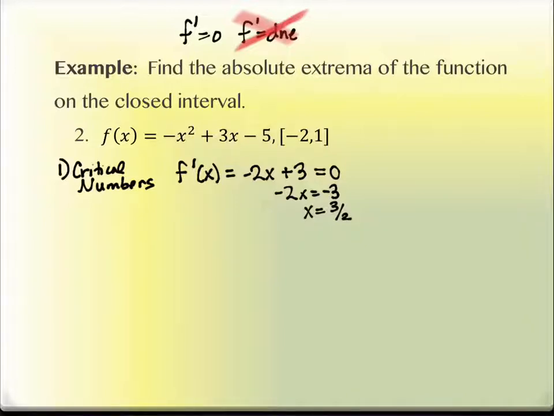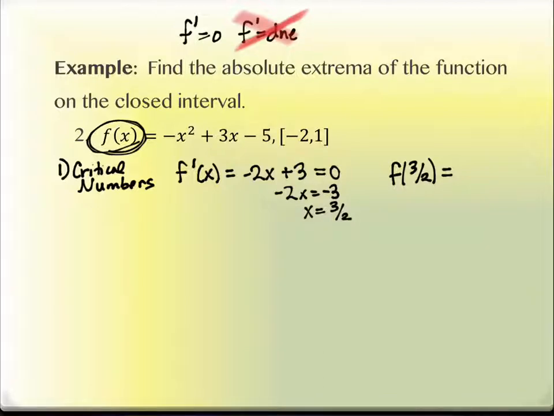But there's more to it. I need to figure out what's the y value that goes with this. In other words, I need to find f of 3/2, because eventually I'm going to have to compare all my y values. If I plug it into the derivative, I'm going to get 0. That's the whole point of what I just did. That doesn't give me any information about the graph itself in terms of the critical values.